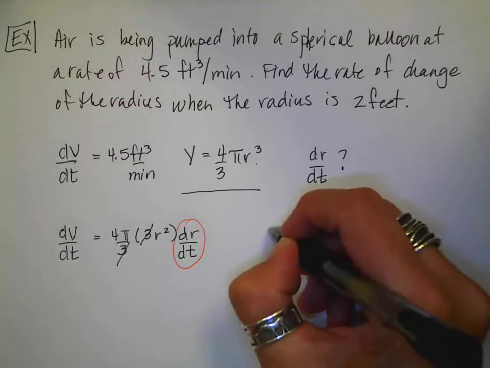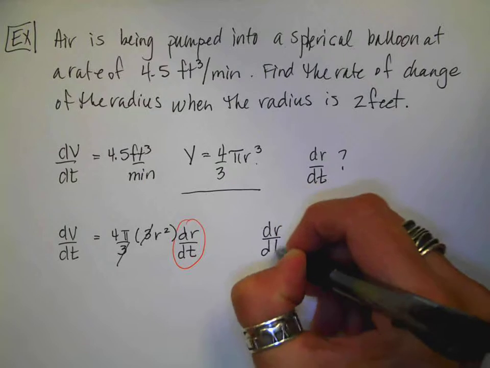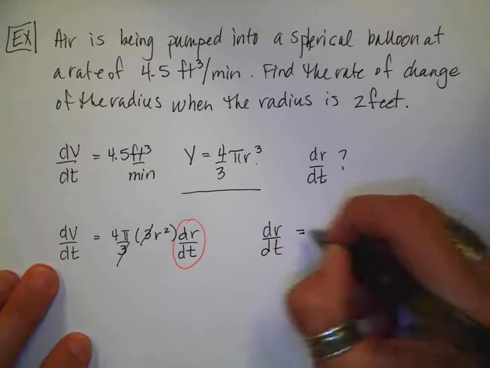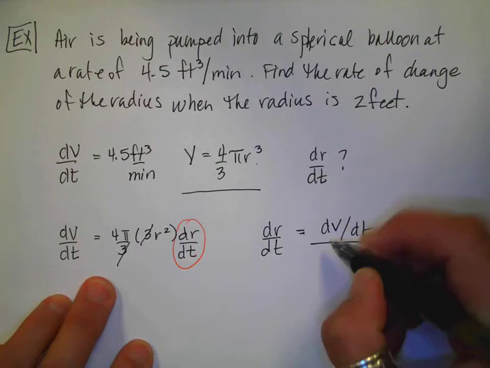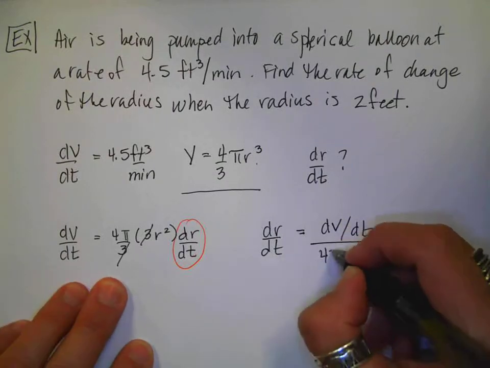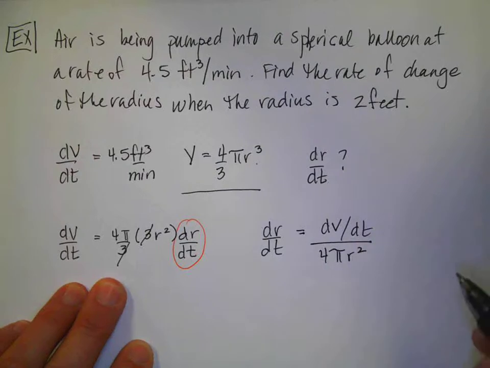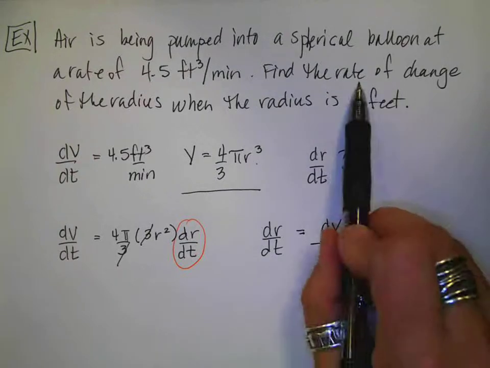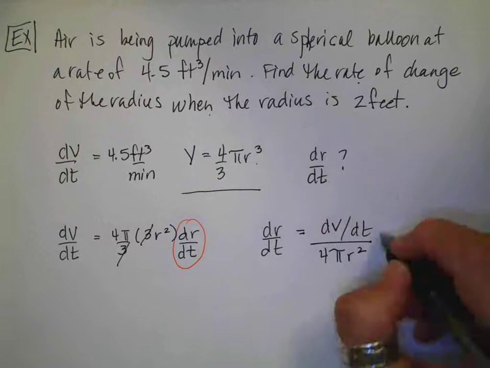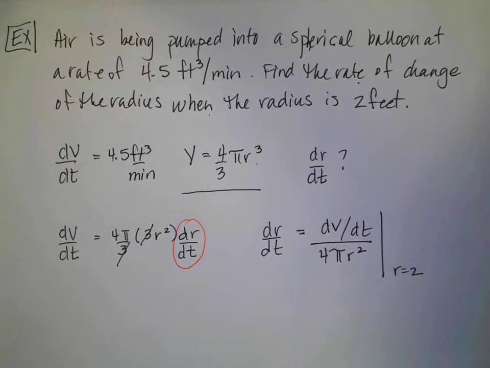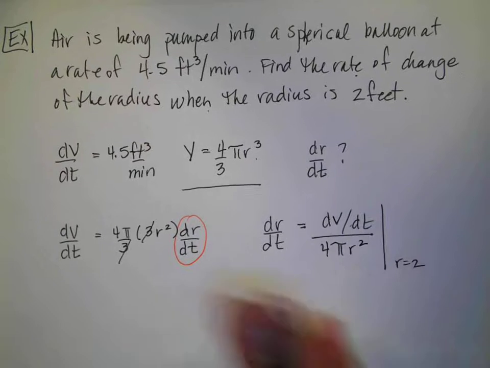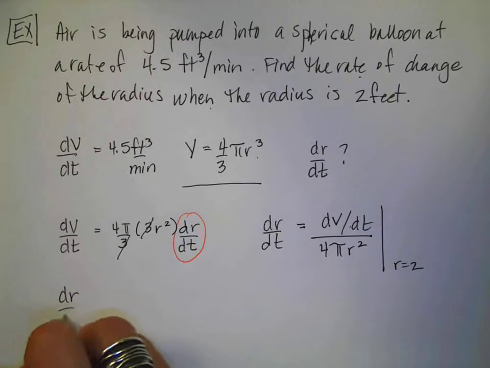So if I substitute in, and I'm going to clean it up a little bit and rearrange, dr over dt is going to equal dV/dt divided by 4 pi r squared. And remember they said find the rate of change when the radius is 2, so I'm going to evaluate this when the radius is 2.